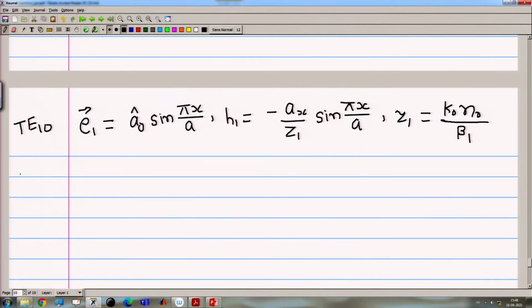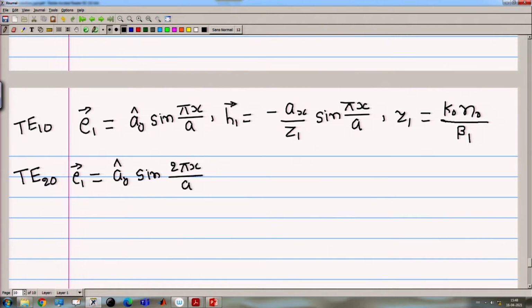For TE20, the modal field will be E2, so m equal to 2, which gives a_y sine of 2 pi x by a.